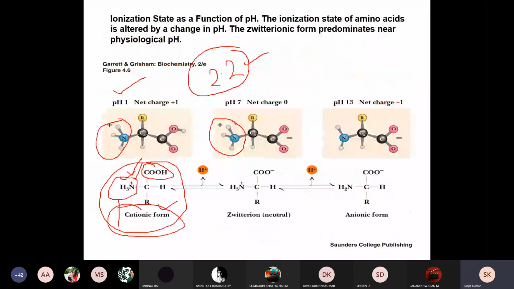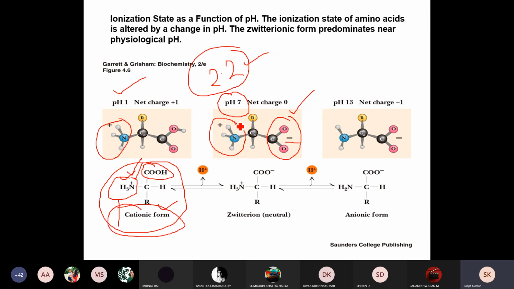So when you increase the pH, suppose COOH has a pK of 2.2, and you increase the pH to 7, what will happen? pH 7 is higher than 2.2, so it is going to be deprotonated. Always remember that. When it is deprotonated, it will be negative.